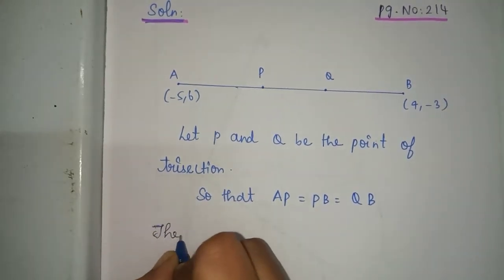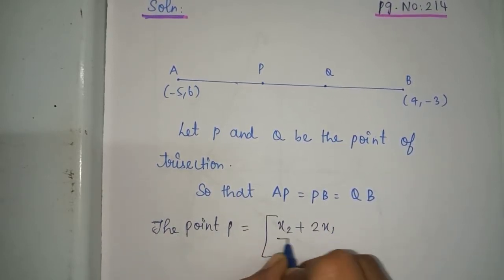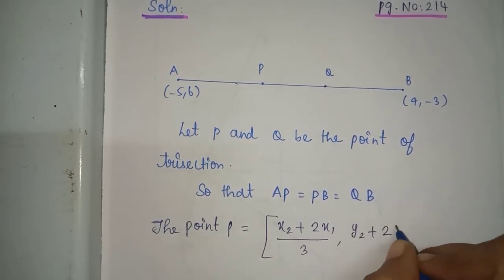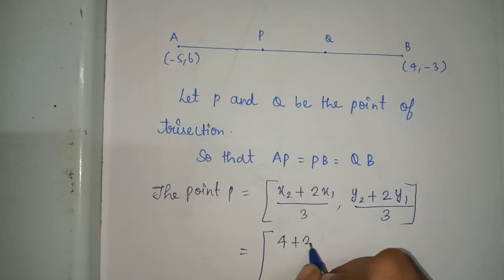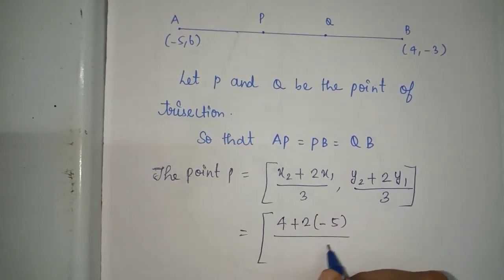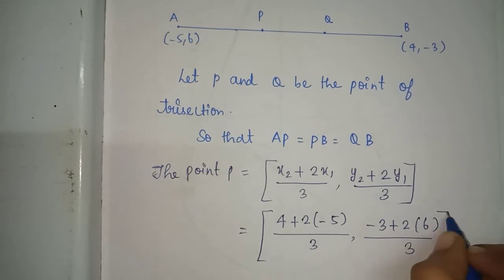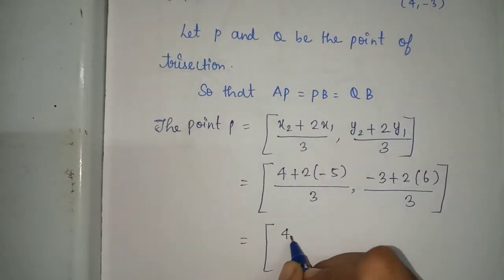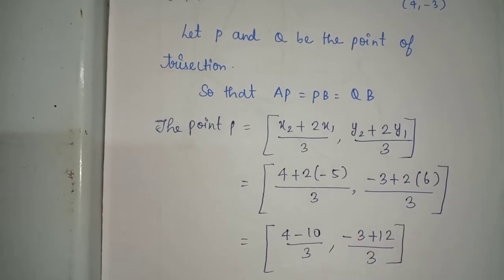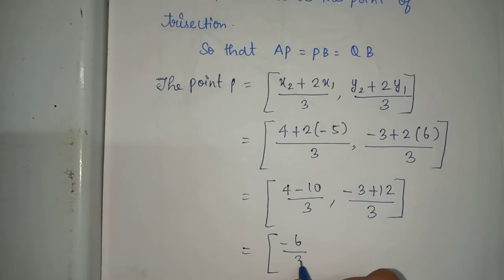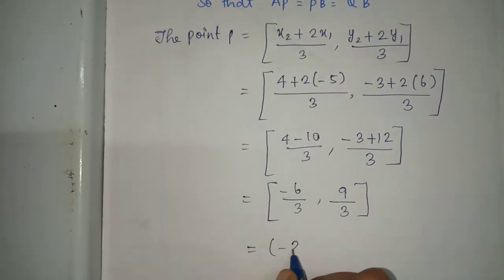The point P is equal to, we know the formula, x2 plus 2x1 by 3, y2 plus 2y1 by 3, which is equal to, the value of x2 is 4 plus 2 into value of x1 is -5 divided by 3, y2 is -3 plus 2 into y1 is 6 divided by 3, which is equal to 4 minus 10 divided by 3, -3 plus 12 divided by 3, which is equal to 4 minus 10 is -6 by 3, -3 plus 12 is 9 by 3, which is equal to -2, 3.